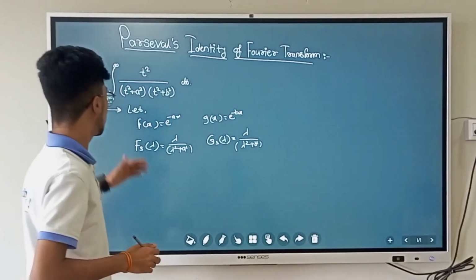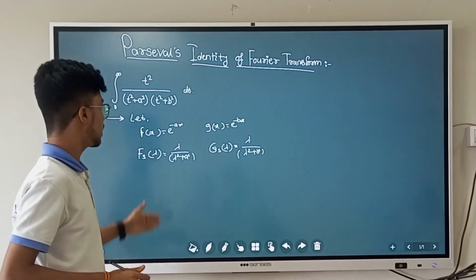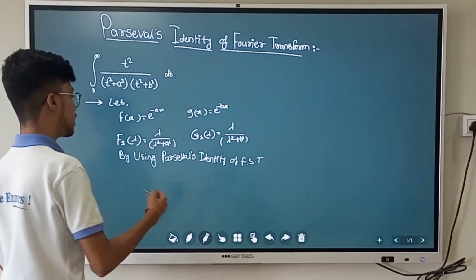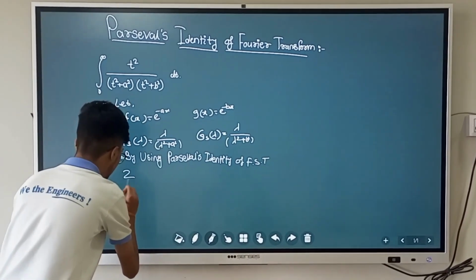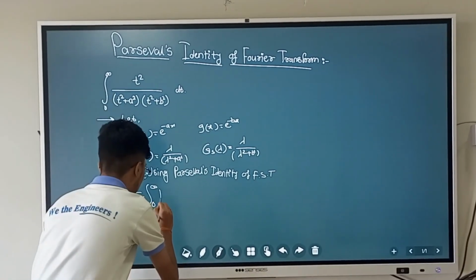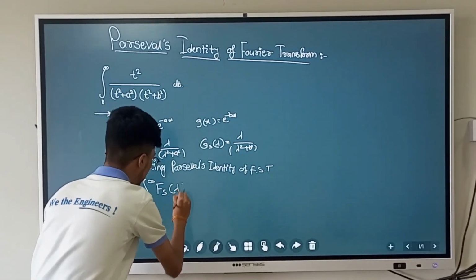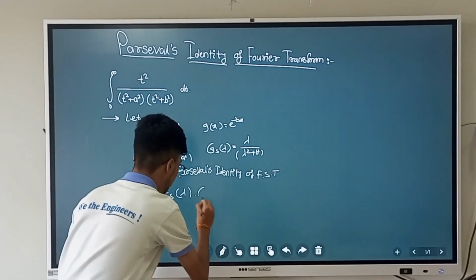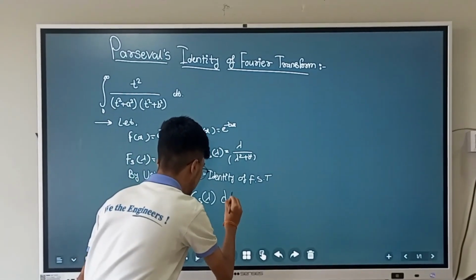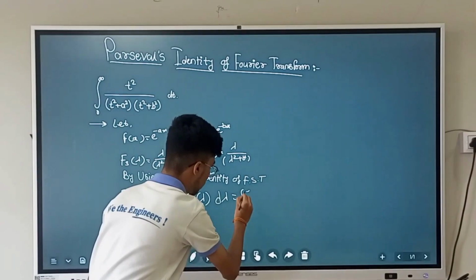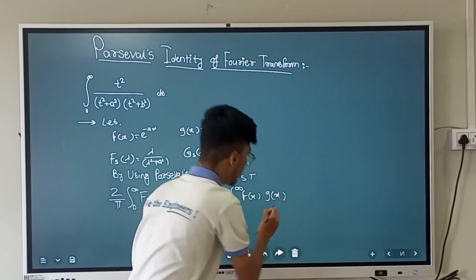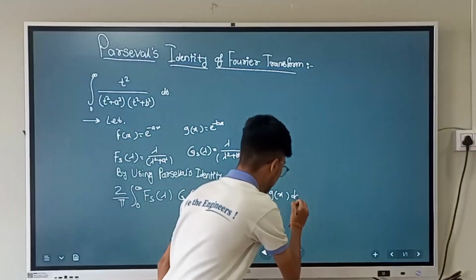Now we have seen the function f of x is equal to e raised to minus ax, and here is its sine transform. After this, we will apply this in our Parseval's identity Fourier sine transform formula. So we will write it as 2 by pi, where the limit is from 0 to infinity, Fs of lambda multiplied by Gs of lambda with respect to d lambda, equal to the integral from 0 to infinity of f of x multiplied by g of x with respect to dx.